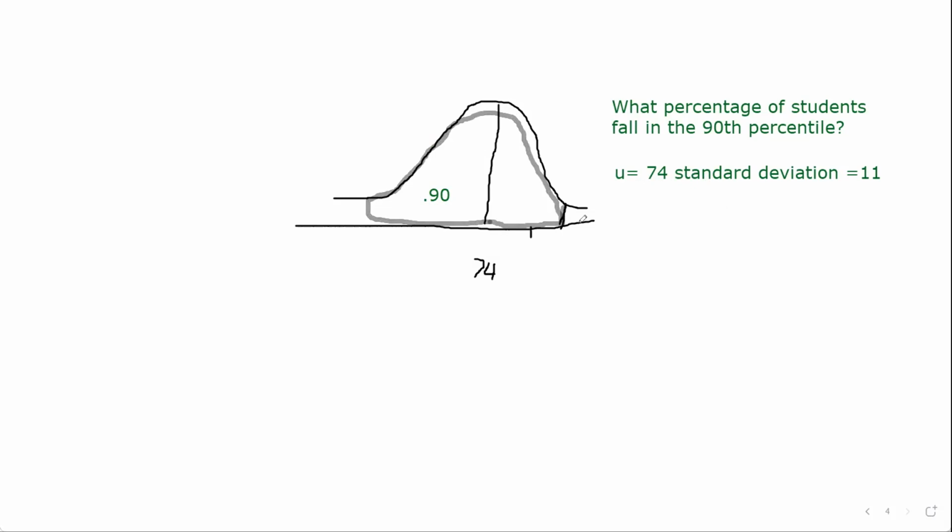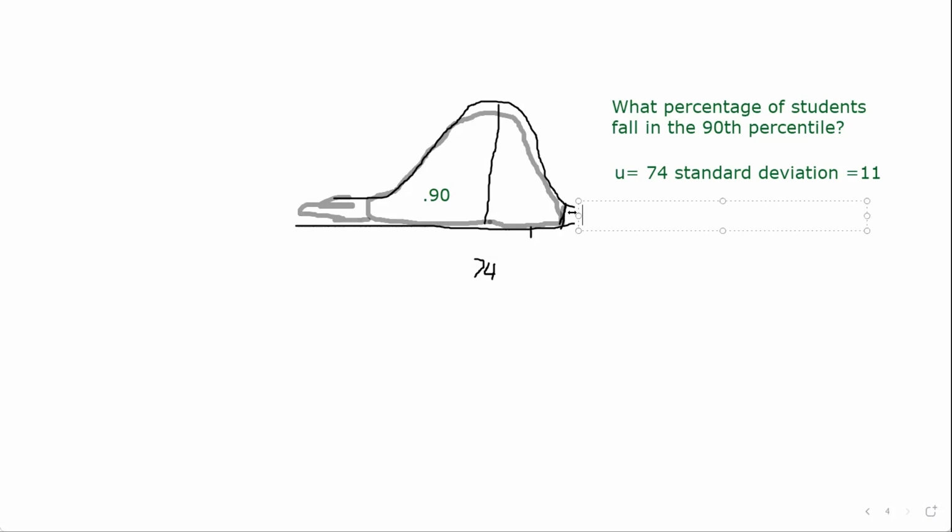So what is this tail piece? Everybody's muted. Can you hear me? What's the tail piece? Would it be 0.5? 0.05? Not 0.05, because this whole thing is 90, all the way from the left all the way up here. So this tail piece is not 0.05, it's 0.10, or 0.1. So this is 0.1.